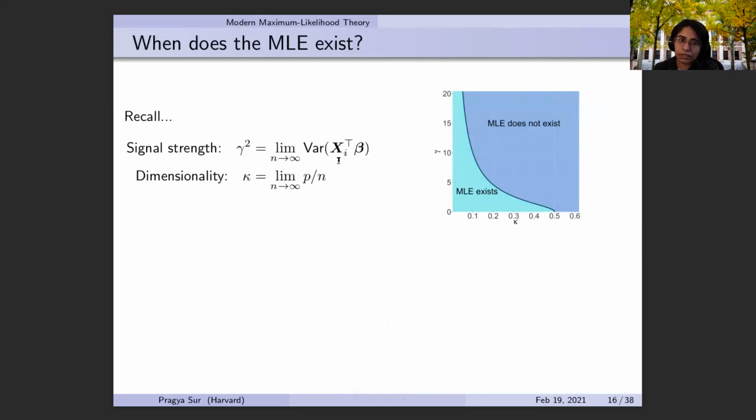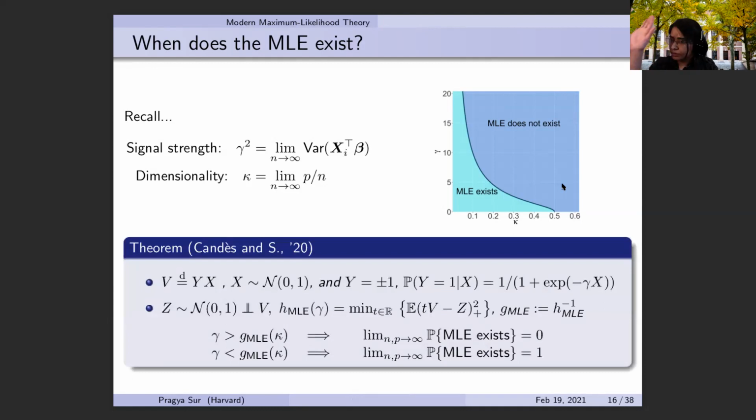So recall, I introduced these two parameters, gamma square and kappa. One of them captures the signal strength, one of them captures the dimensionality, okay? And what we show is that there is a phase transition curve in the kappa gamma plane, such that below the curve, the MLE exists with probability going to 1, and above the curve, it does not exist.